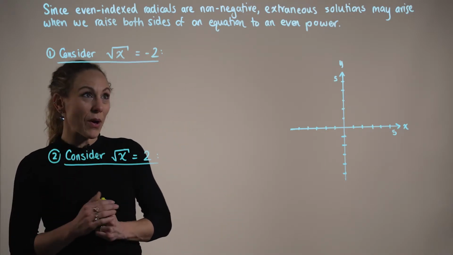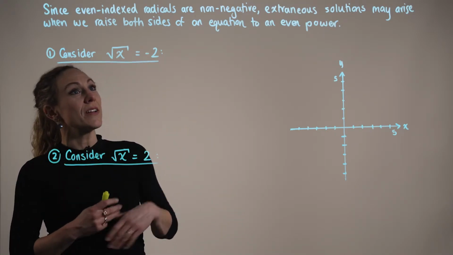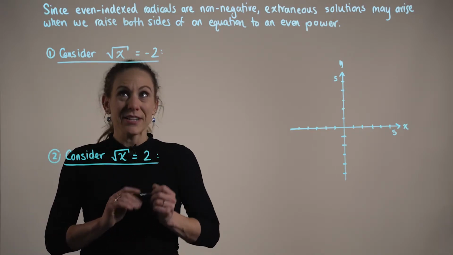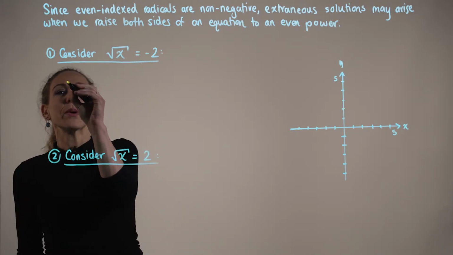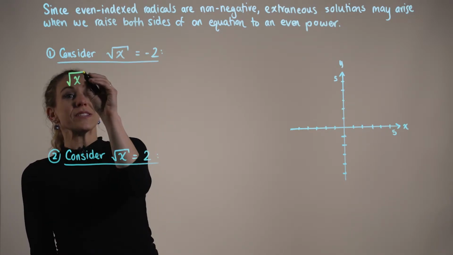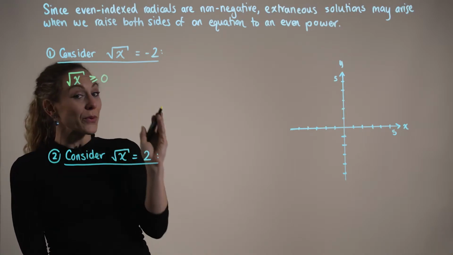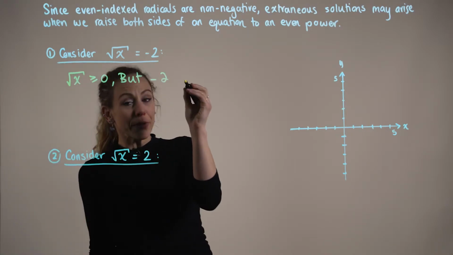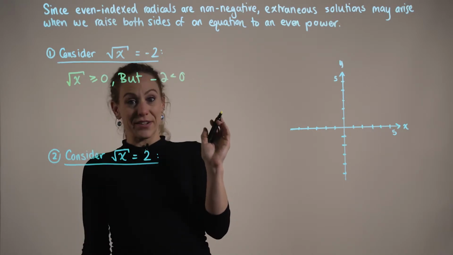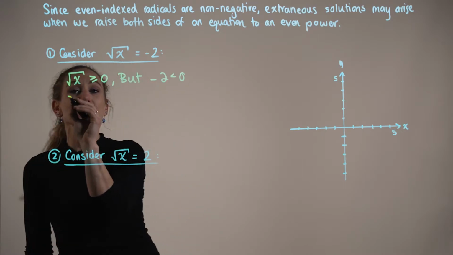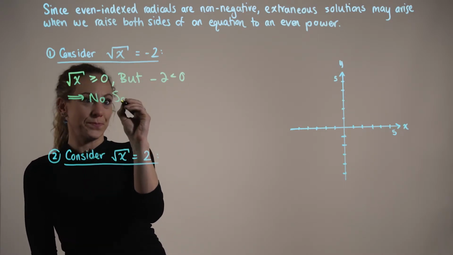In case 1, we're being asked to consider the equation, the square root of x is equal to -2. We of course know that the square root is an even indexed radical, so this is non-negative, it's greater than or equal to 0, but -2 is strictly less than 0. So we have a contradiction here, and this is letting us know that there is no solution to this equation.